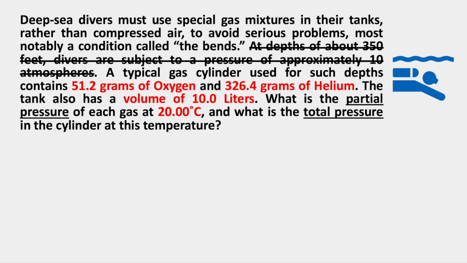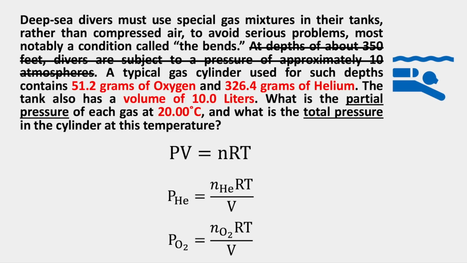Now that we have identified the important components of this problem, let's go ahead and approach it. We know we will be using the ideal gas law in order to determine the partial pressure for each gas. Let's go ahead and write out these equations. We are provided with temperature and volume, and they gave us a way to find the moles of oxygen and helium because they gave us the mass of each gas.